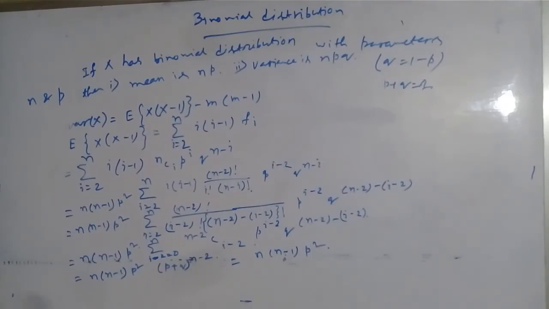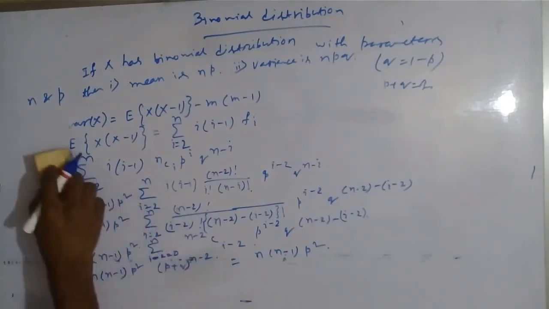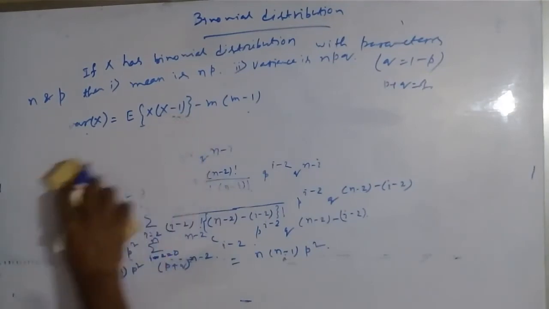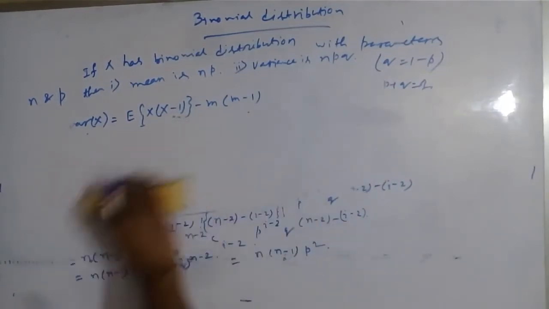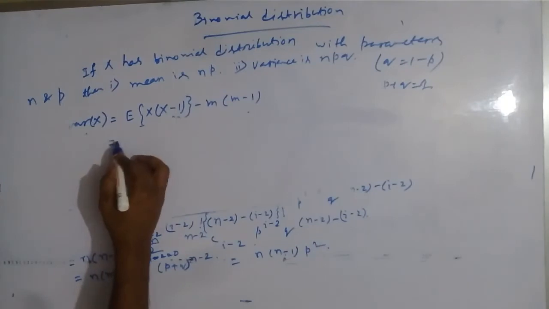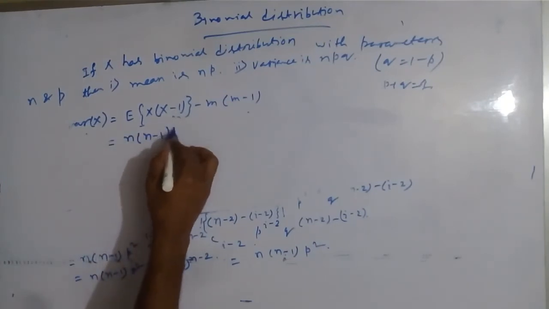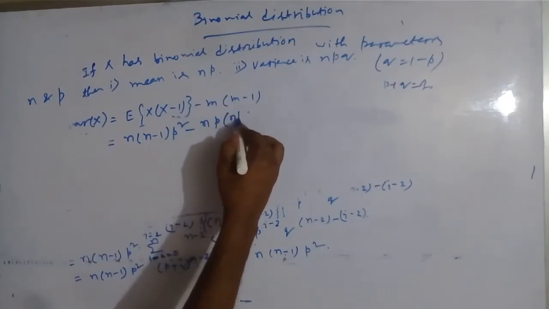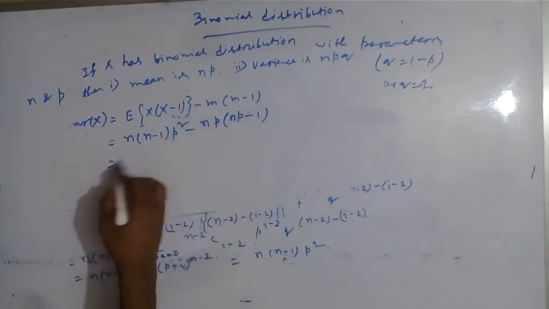Now we have to put this value here. So this will be n into n minus 1 into p square minus m, where m is np, minus 1. M is mean.